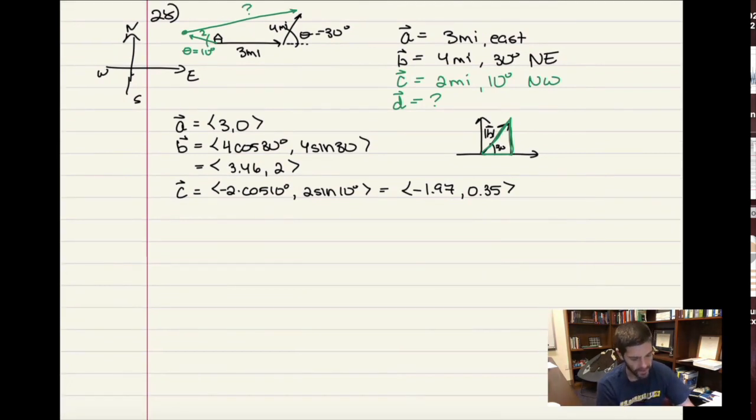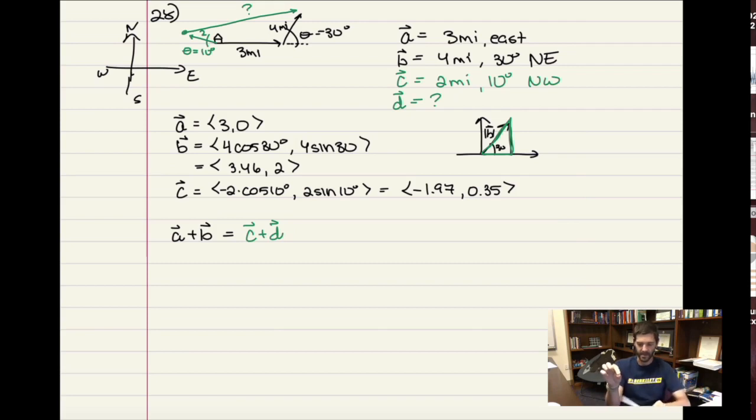And so what is the relationship? If they start at the same place and end up at the same place, that means if I were to do the vector sum A plus B, that must then equal the same vector sum C plus D. If I take C and draw out that vector, and then I draw this D vector by putting tail to tip, that ends up at some point.